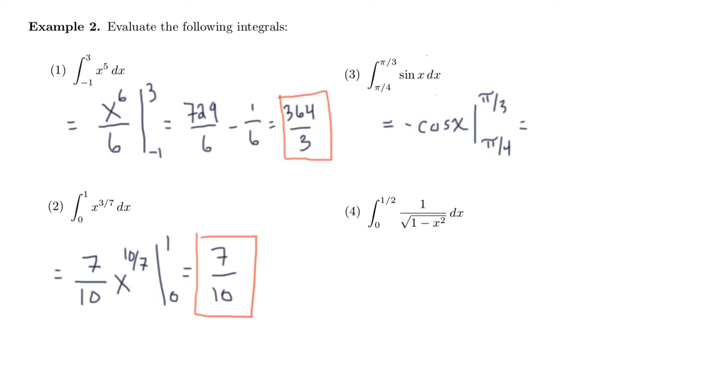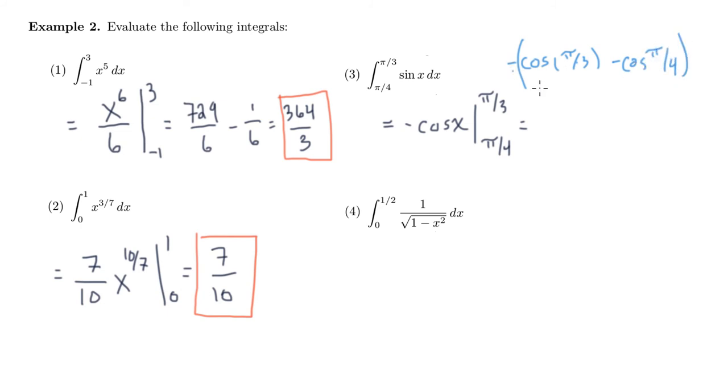Now we just need to know a little bit of trigonometry. Well, because of the negative sign, I'm going to evaluate at the lower limit first. So it's negative cosine x. Let me just write this down. So this should be negative cosine pi over 3, and then minus negative cosine pi over 4.